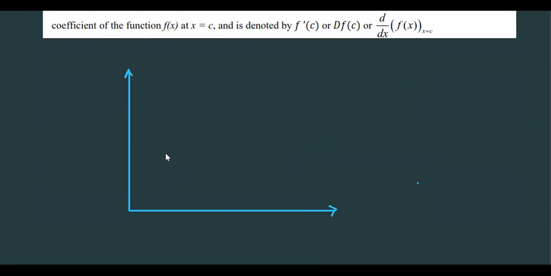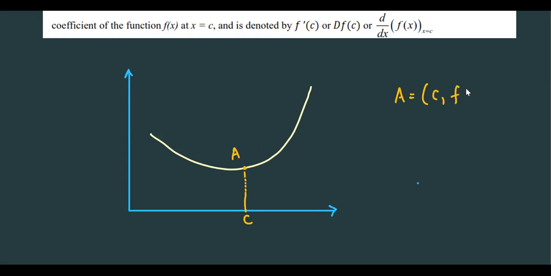Now let's say this is a curve again, and this is the point C, and this point A has the coordinates C comma f of C, and we choose any arbitrary point B and write it in terms of the general variable.